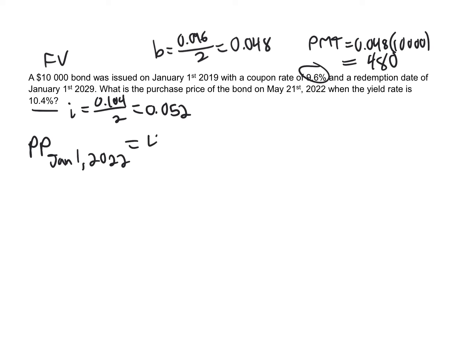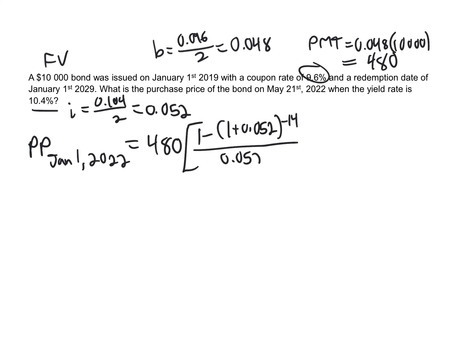We have 480 for our annuity. I did forget to calculate N earlier. It's 7 times 2. That's because we're going from 2022 to 2029. We add in the 10,000.